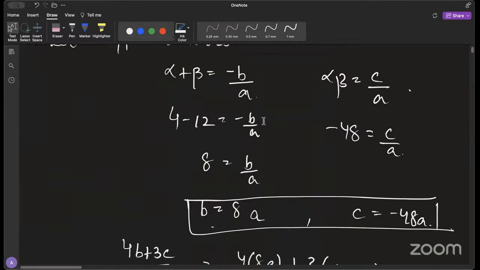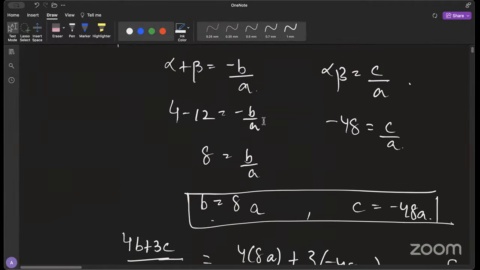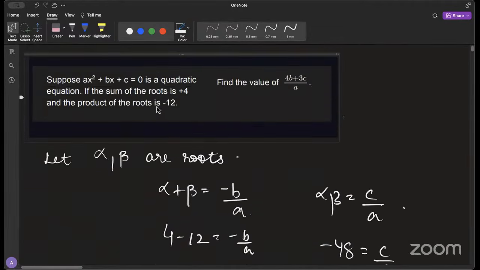Minus b by a is itself given as 4. The sum of the roots is given as 4.